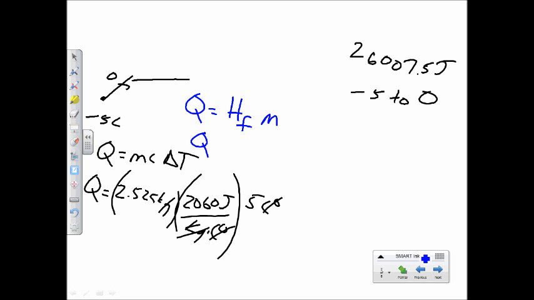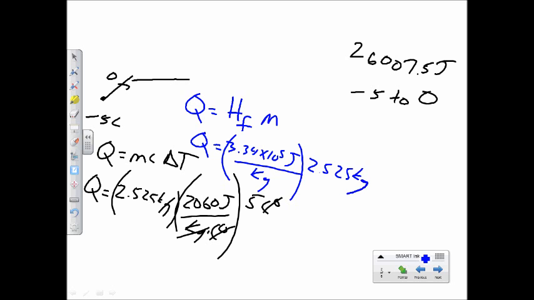So we're going to go Q equals, I gave you the heat of fusion for ice, 3.34 times 10 to the 5th joules per kilogram, times the mass, which was 2.525 kilograms.